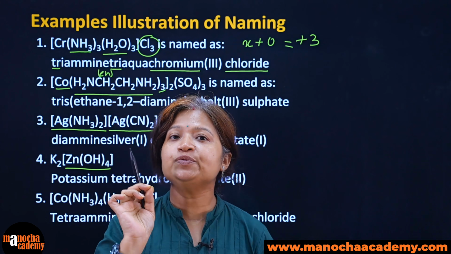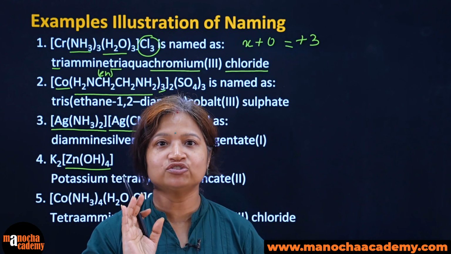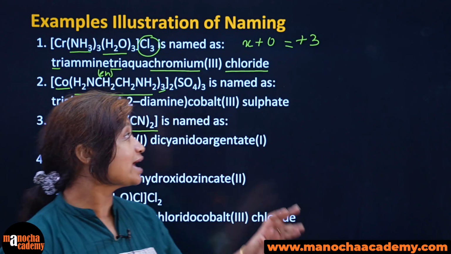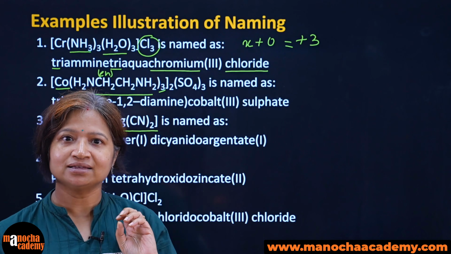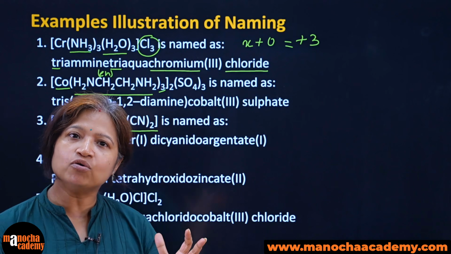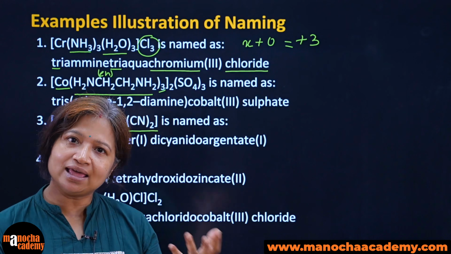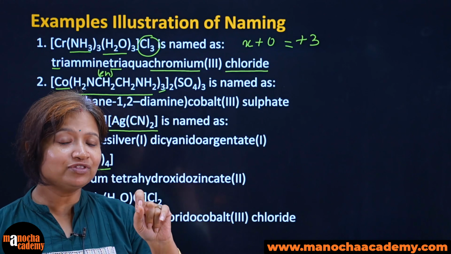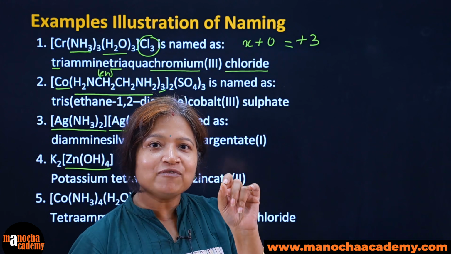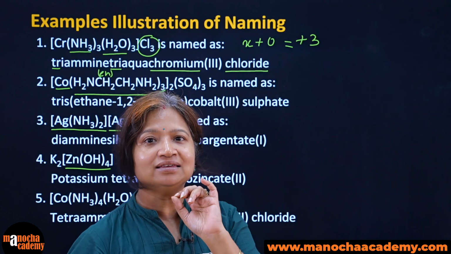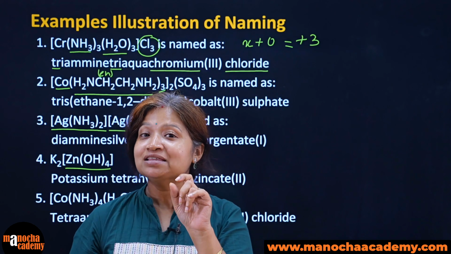If the coordination sphere is anionic, the metal name gets changed. If the coordination sphere is cationic, you name the metal as it is. Like zinc will be zinc only, cobalt will be cobalt, nickel will be nickel. But if the coordination sphere is anionic, the metal name will end with -ate. Now nickel will be nickelate, zinc will be zincate.